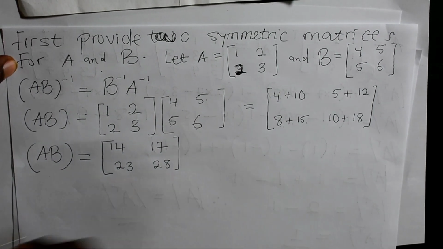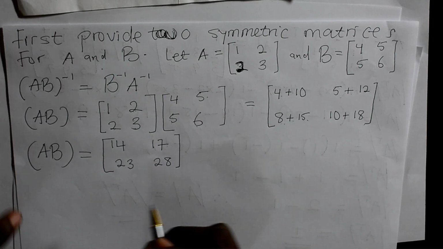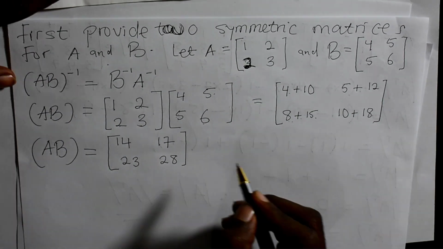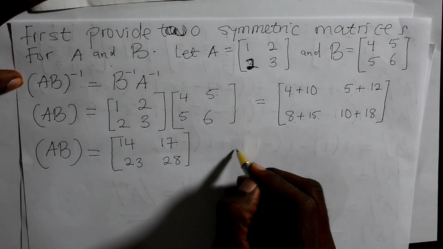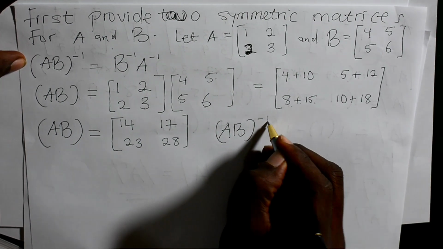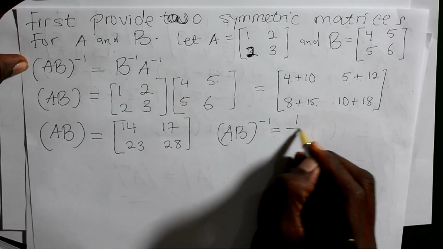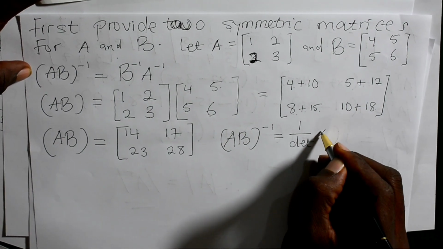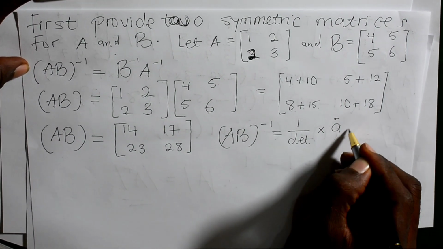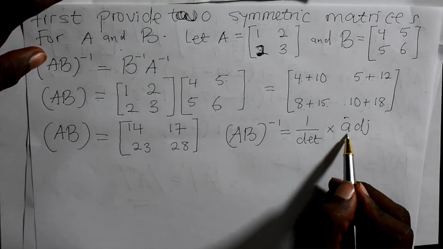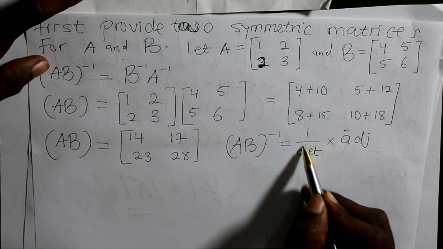So this is the AB matrix. We are looking for AB inverse. Now the formula for AB inverse is 1 all over the determinant times the adjoint of the matrix AB. So first we are going to find the determinant and adjoint of this matrix.